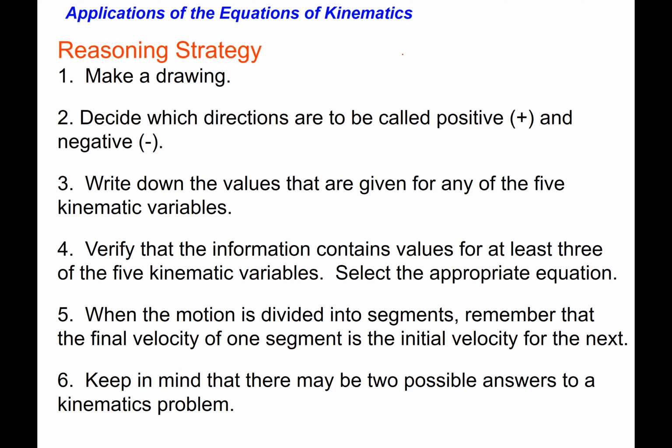That means v initial is 0. Or the object comes to rest. That means that the final velocity is 0. Or it may say the object reaches its maximum height. When the object reaches the maximum height, at that point, the final velocity is 0.